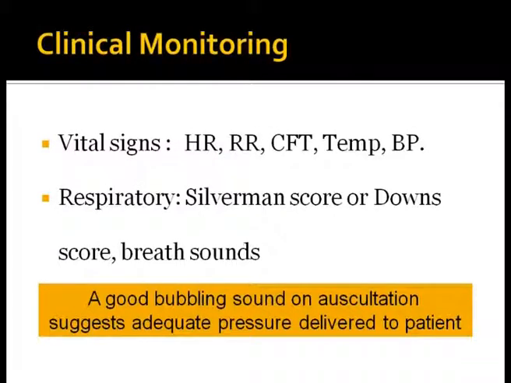Vital sign monitoring, especially respiratory monitoring, can be done with the help of Silverman score, chest X-ray, pulse oximeter and, if required, blood gases. A good bubbling sound on auscultation suggests adequate flow and appropriately recruited lung. Adequate hemodynamic status can be judged with the help of capillary refill and blood pressure.